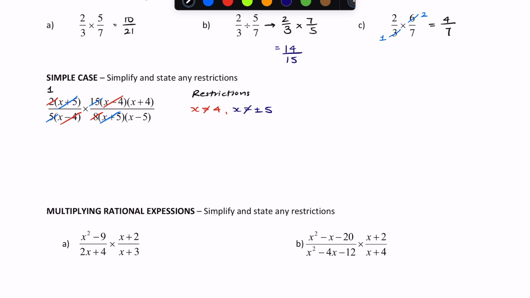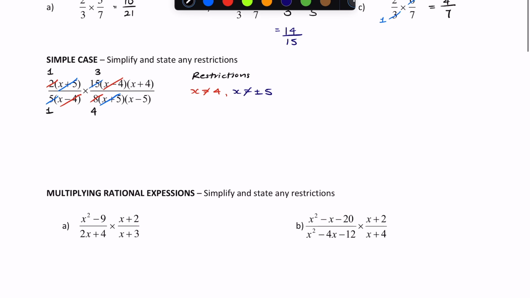So here, this will be 1, this will be 1, this will be 3, and this will be 4. So if we rewrite the expression now, it will be 3 bracket x plus 4 over 4 bracket x minus 5.